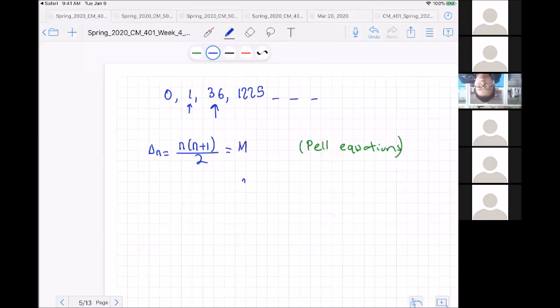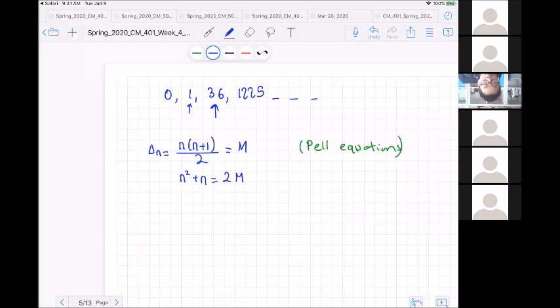We want m to be a perfect square, and that means m is both a perfect square and a triangular number. Now we can say that n squared plus n is equal to 2m.